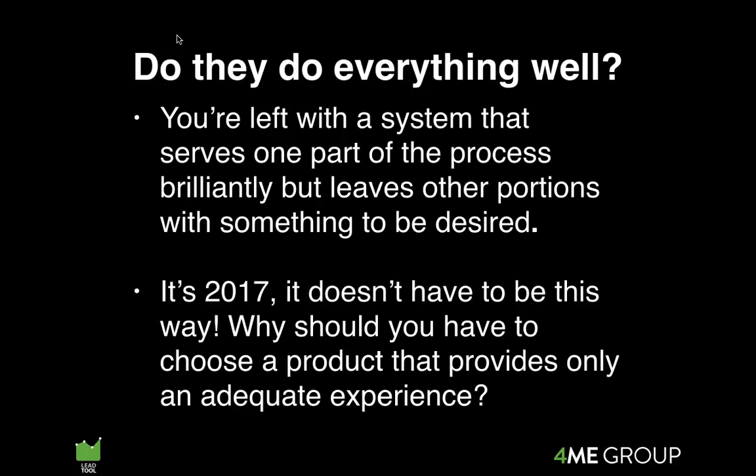Why would you choose something that isn't the best for each specific function of your business? It's 2017, guys. This is no longer 1990 or 1995, where you have a limited variety of options for you to choose to get the job done. There is a lot of software, a lot of technology in each specific vertical.